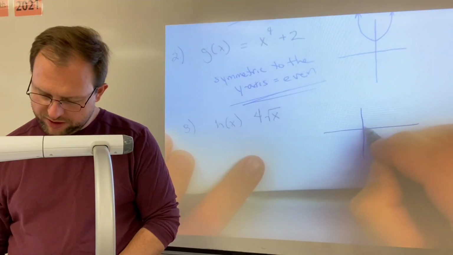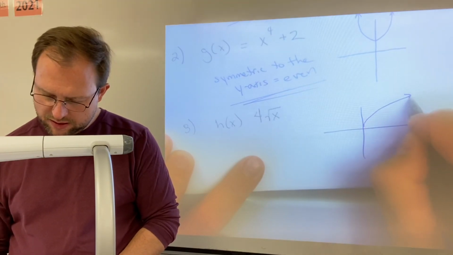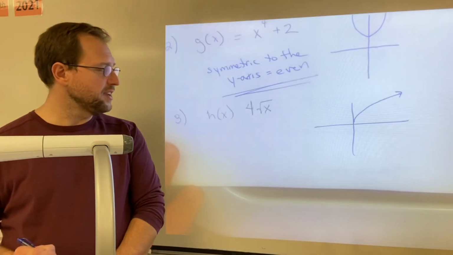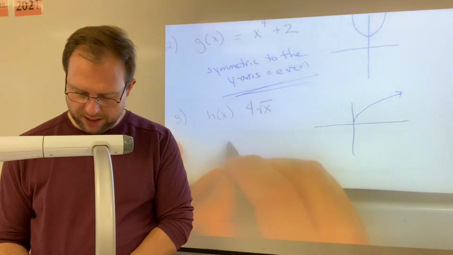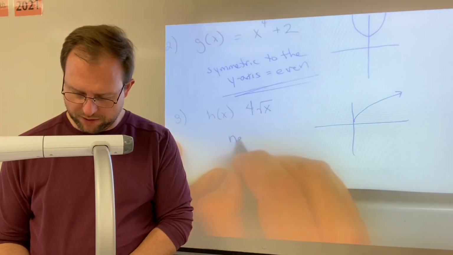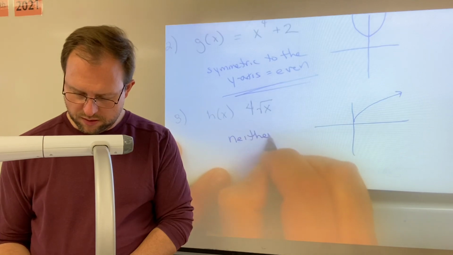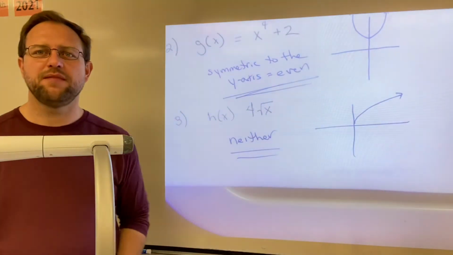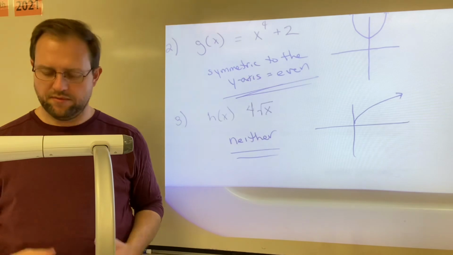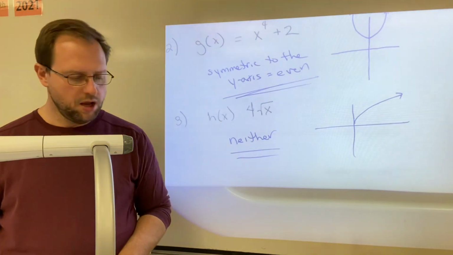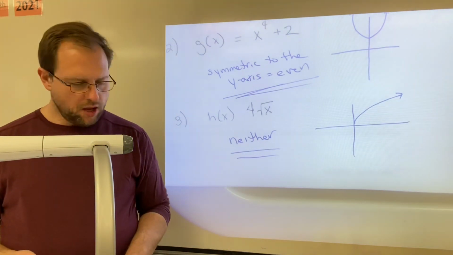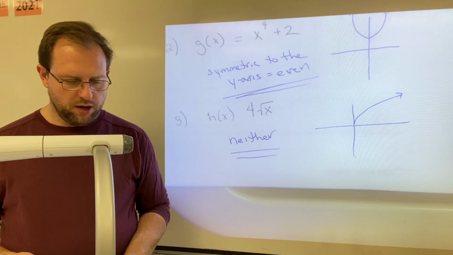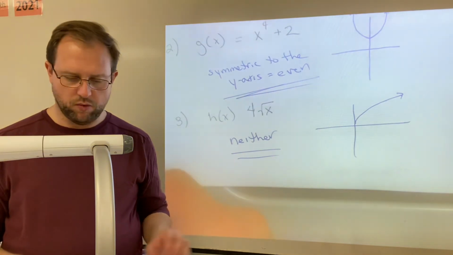End up with something that looks like this. And so in that case, it's going to be neither, because there is no symmetry. Okay? No symmetry and neither. Okay? That is it for day 2 on section 1-2.